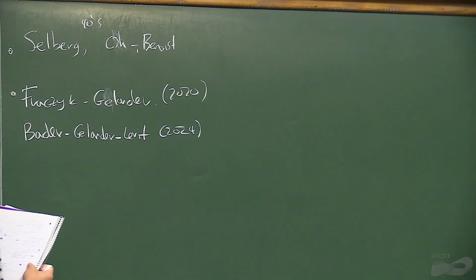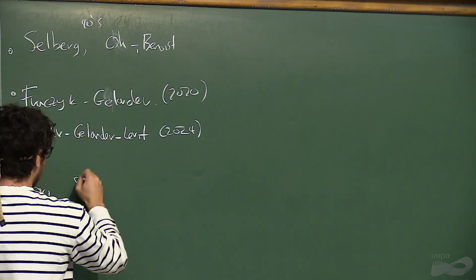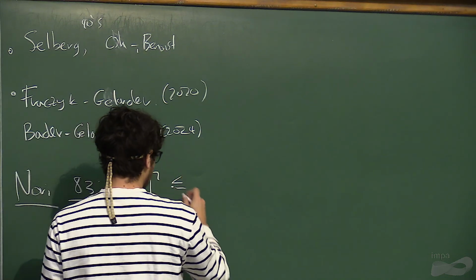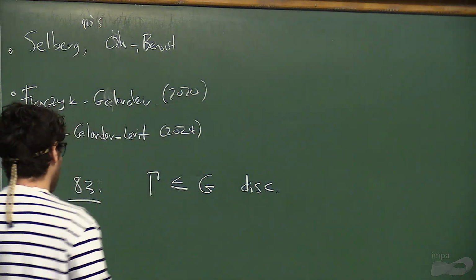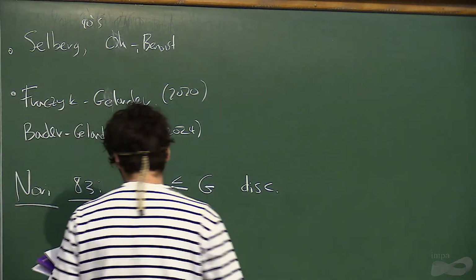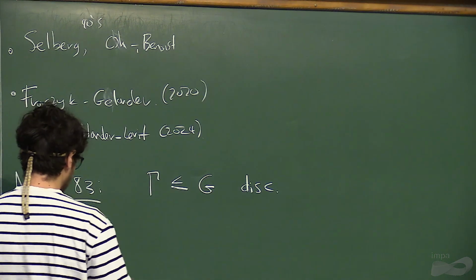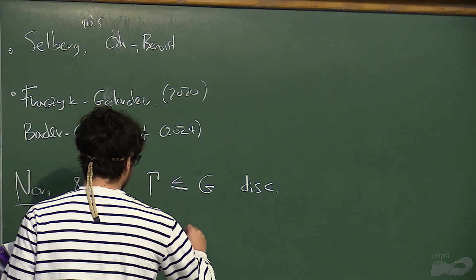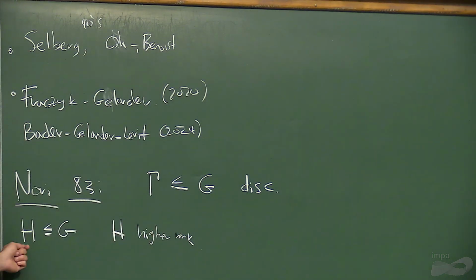There's also a question of Nori, Madhav Nori in 1983, which asks: suppose you have a discrete subgroup gamma of a simple Lie group G, and you have some H contained in G with H of higher rank. You should think maybe G is SLNR and H is SL3R.